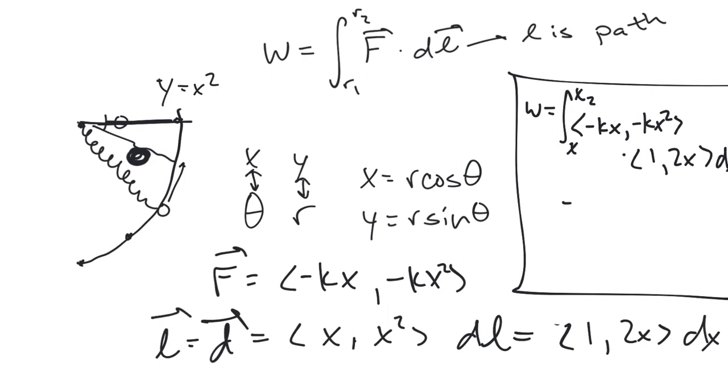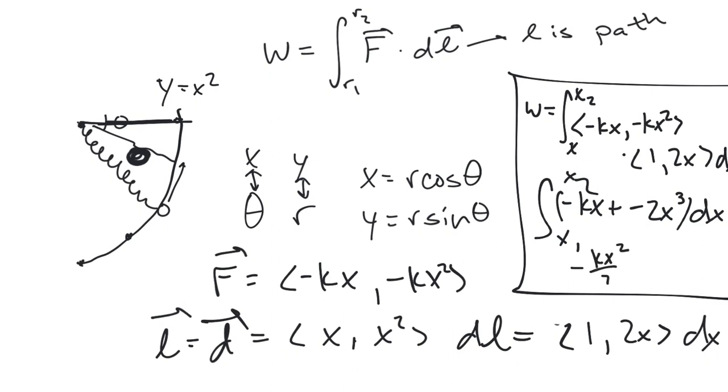So it'd be like negative kx plus negative 2kx cubed. And then I would do the integral from x1 to x2 of that to get my work. So it'd be negative kx squared over 2, minus, oh, I forgot the k here, minus 1/2 kx to the 4th. And then you'd plug in your stuff.